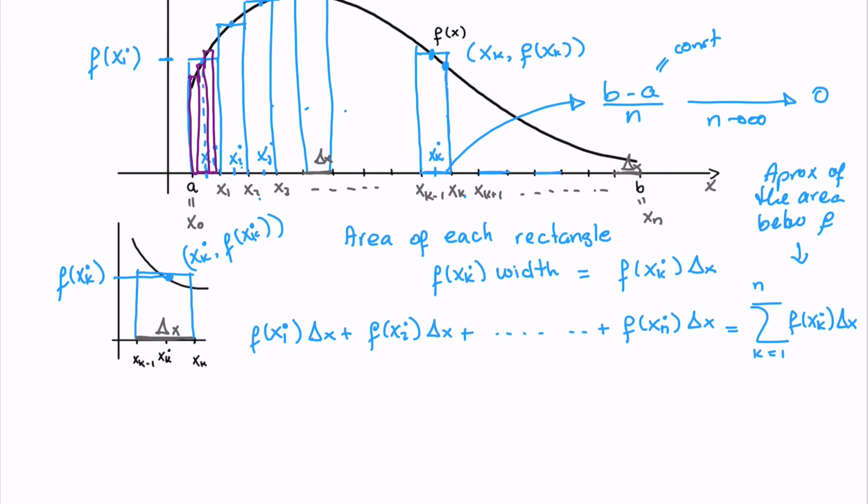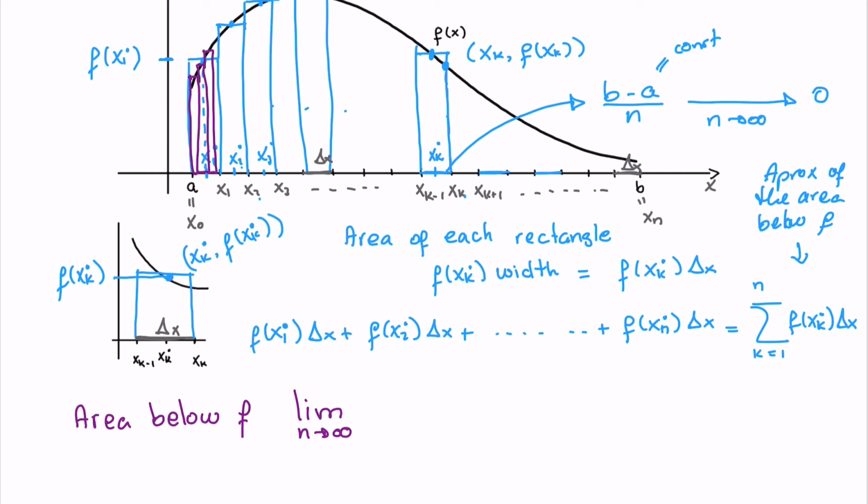So that's just an approximation, and to get the exact area below f, you take the limit as n approaches infinity, because as n approaches infinity, this length approaches 0 and those rectangles become almost without width.